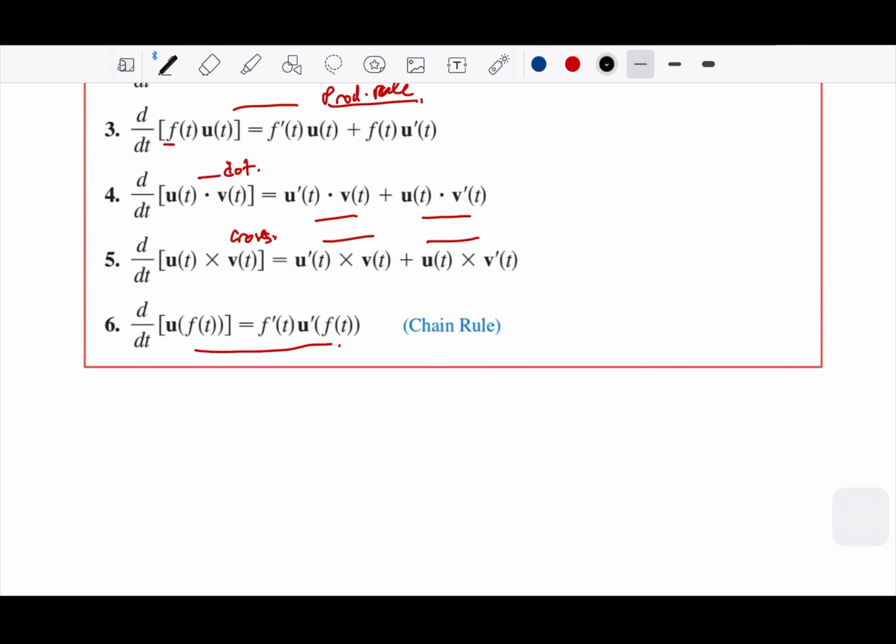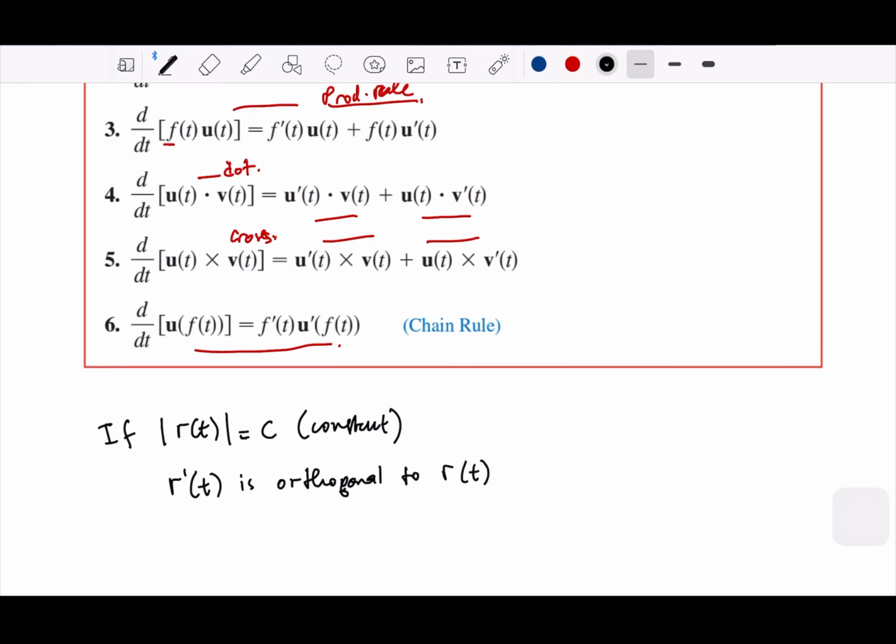Another theorem is that if the magnitude is a constant, then the derivative is orthogonal to the vector function for all t.